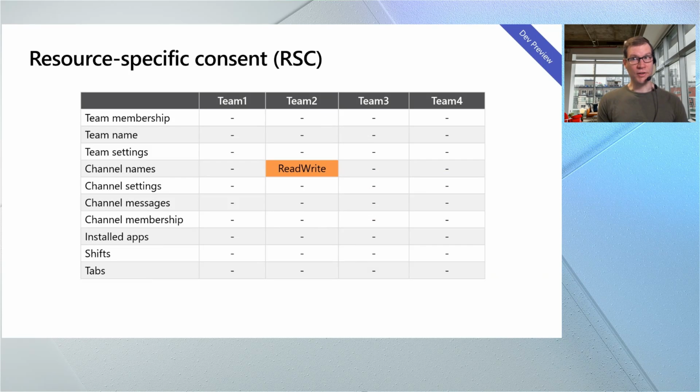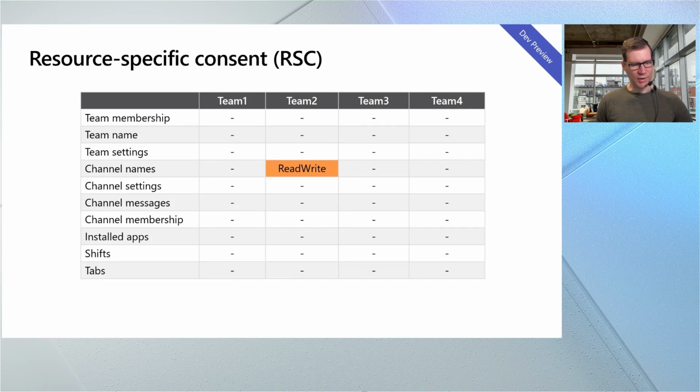The next evolution of this is a feature we call Resource-Specific Consent, or RSC for short, and we're pleased to announce that's now available in developer preview. With Resource-Specific Consent, you can narrow those permissions even further and give that application access to only one team. This app can read the channel names from Team 2, not from Team 3, not from Team 4, not from Team 1, just Team 2.